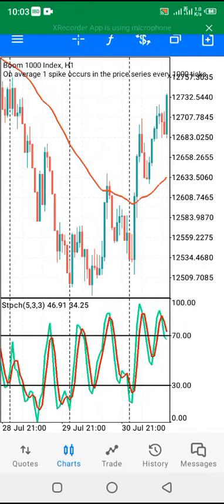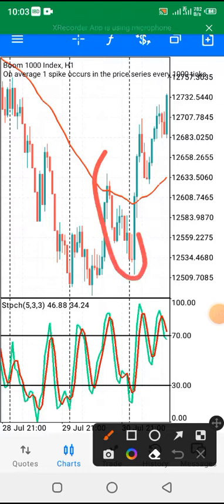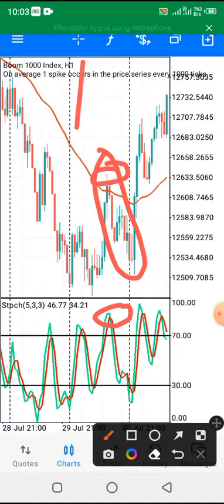Then I'll show you how to make buys. This sell move to the downside is what you could have captured. The first condition: the stochastic reached the 70 region and there was a crossover, around there. Also, price was trading below the 50 moving average.